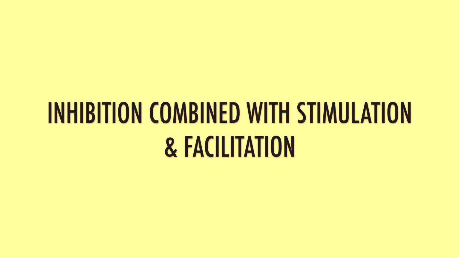Coming to the next principle, that is inhibition combined with stimulation and facilitation. Now, whenever there is a neuromuscular disorder, there is a lack of coordination between muscles. That's why some muscles are overactive, some muscles are not active at all, and some muscles are just not working in sync.